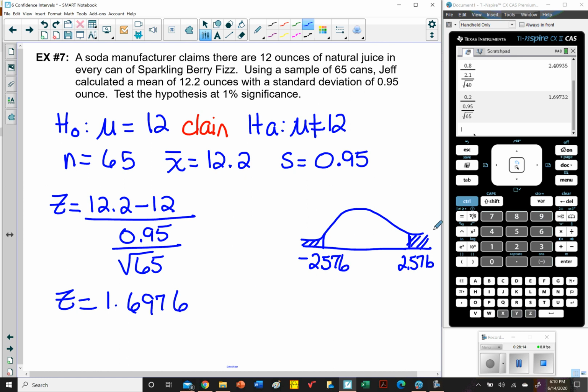So 1.6973 is less than 2.576. It doesn't fall within that tail.